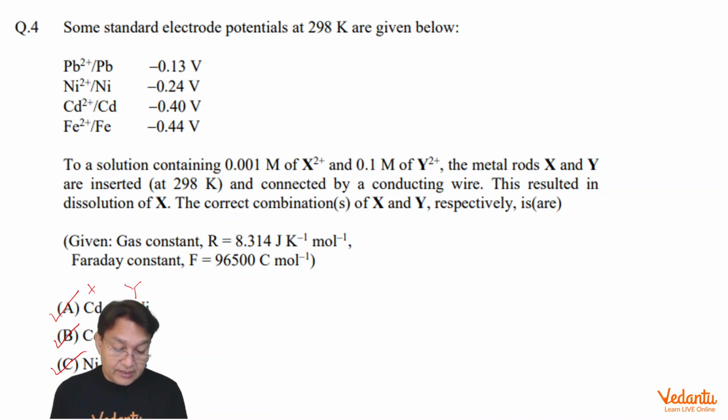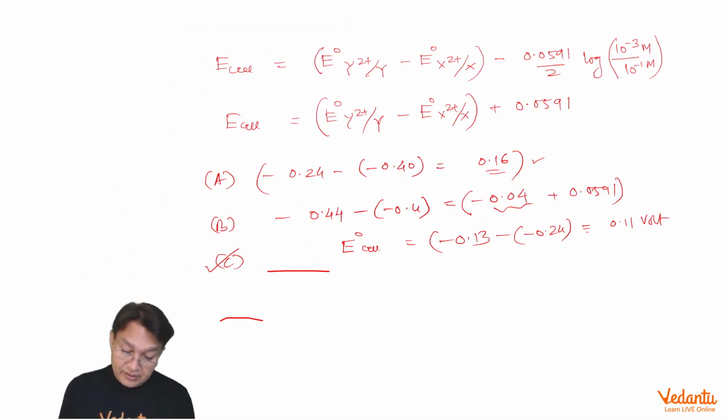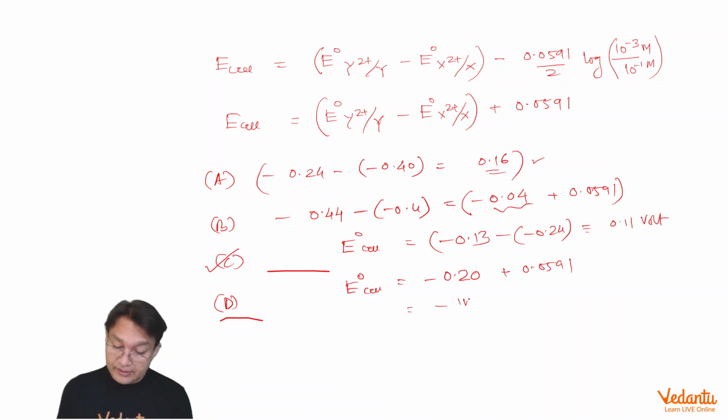About D, nickel and iron, there is a considerable difference. If iron is acting as a cathode, -0.44, and nickel is acting as an anode, -0.24, so it is -0.20 volt, which is negative. So in option D, E naught cell is equal to -0.20, and if we add in this 0.0591, still it is going to be negative.